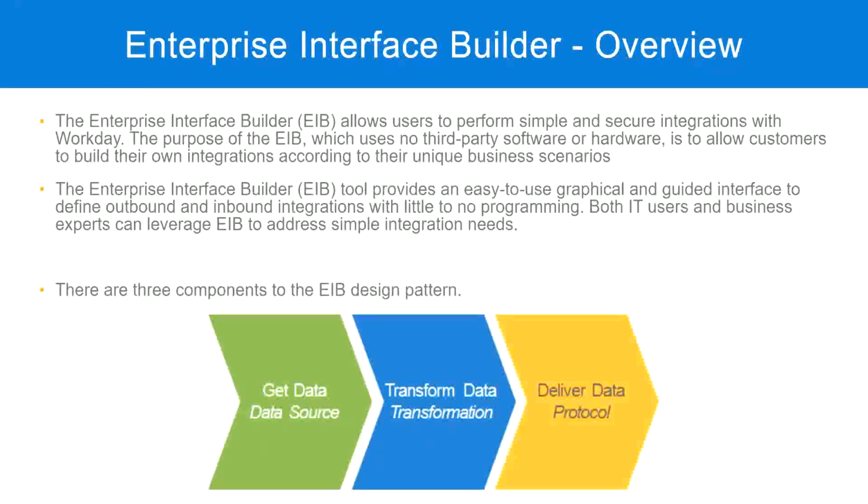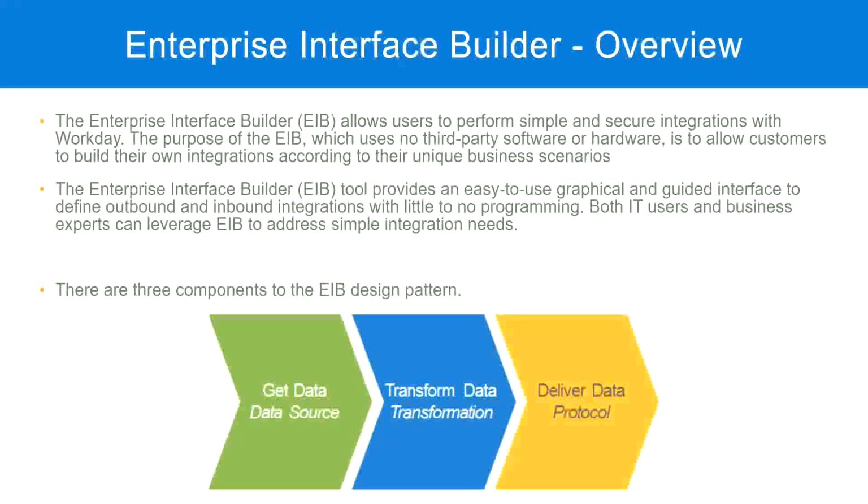These are the 3 components in an EIB design pattern. So what we are going to do is configure these 3 steps. Get data: where are we going to get the data from? That is something we have to configure. Do we need transformation?